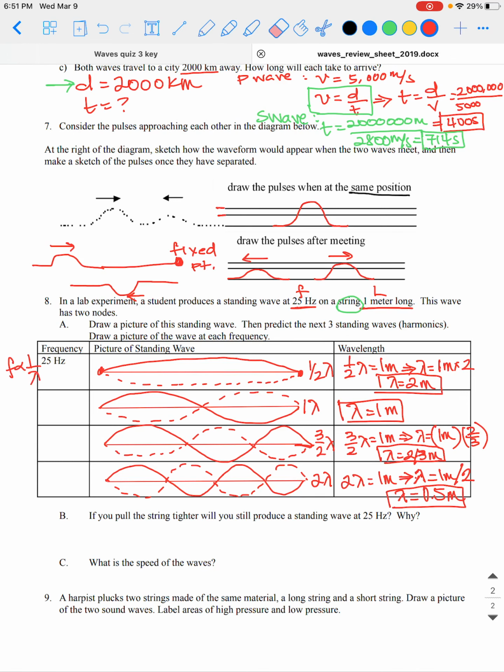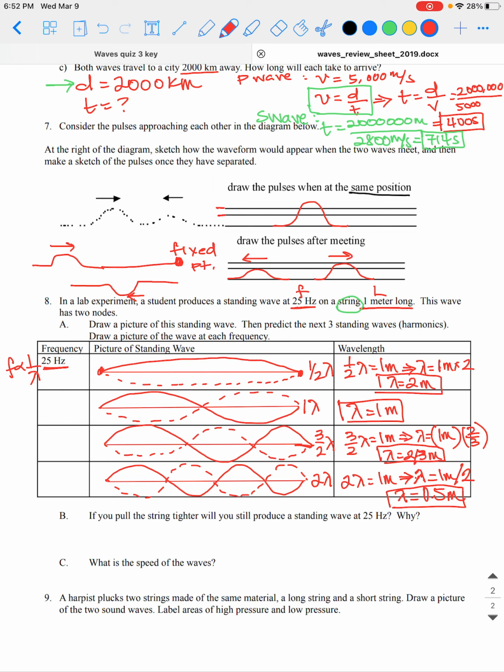Okay, so one thing you want to know about frequency is that the frequency as it jumps each harmonic is always going to be a multiple of the fundamental frequency, which is the first harmonic. So the other thing you want to know is that frequency and wavelength are inverses of each other.